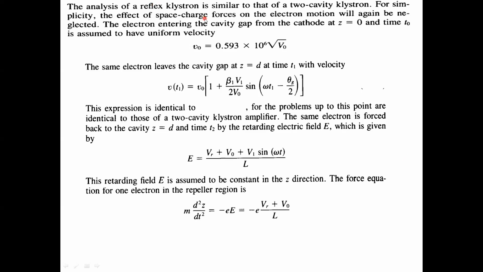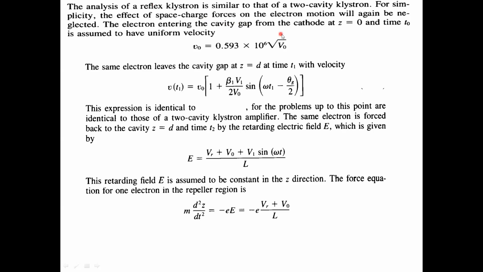As we know, similar to the two cavity klystron, this reflex klystron also has electrons that enter the cavity gap at z equals 0, at the initial time t naught.